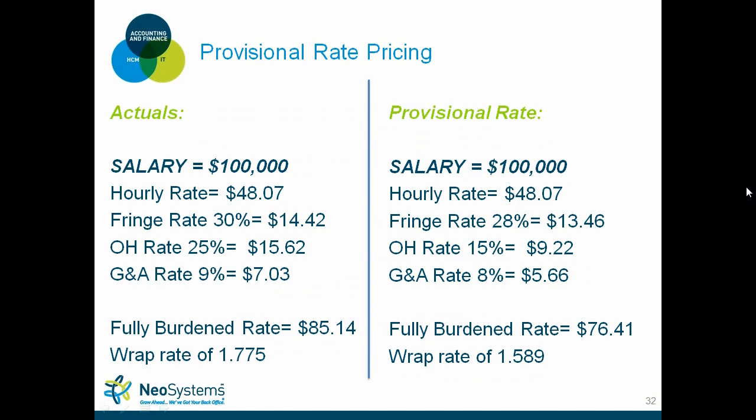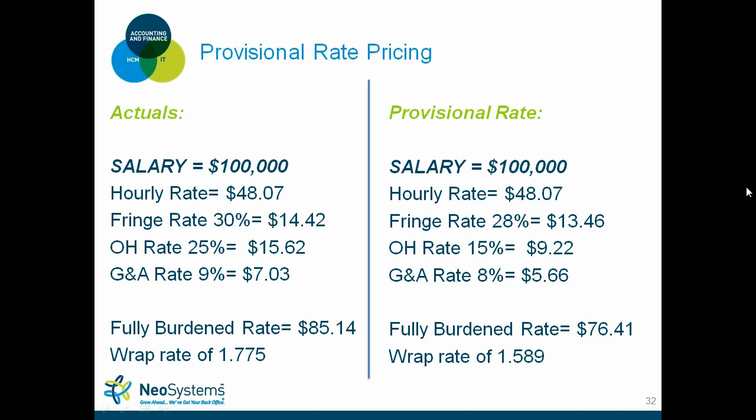So in this scenario, I'm showing you the difference between the actuals and the provisional rate. On the left-hand side, this is where you ended up the year at. Your fringe 30%, overhead 25%, and G&A at 9%. So as you can see, your wrap rate is 1.775.